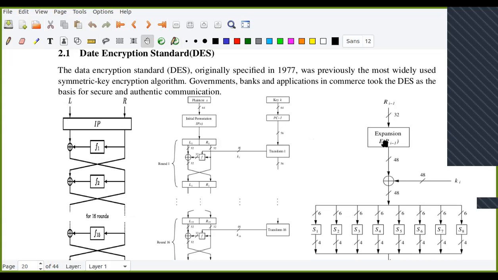This 32 I first expanded, becomes 48. Now this key one, K1, comes from the 56 bit key, and that is 48, so 48 plus 48. But before going further, F1 still has to do something. What is that it has to do? Converted it into 32. Very good. So this 48, I have to convert it into 32 again.